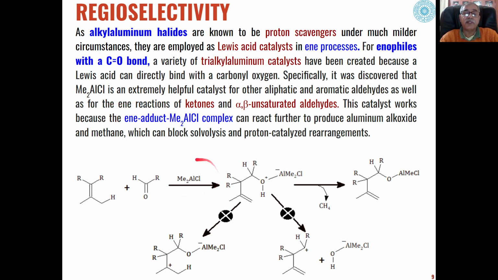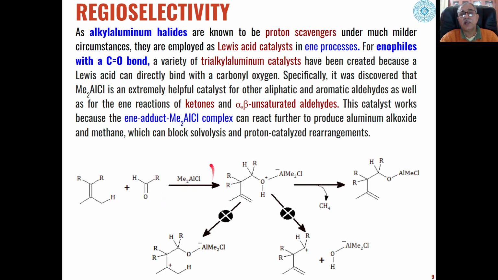And one example is seen in the case of Lewis acid catalyzed reactions with alkyl aluminum halides. They are the Lewis acids which are used as catalysts for such types of reactions. And here we use enophiles with a carbon-oxygen double bond.